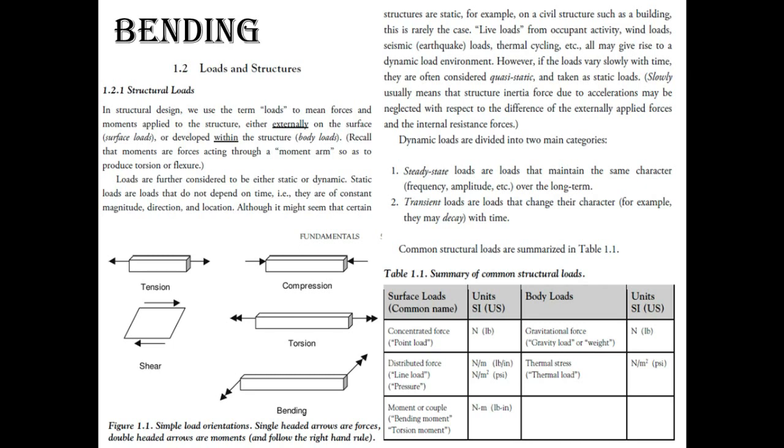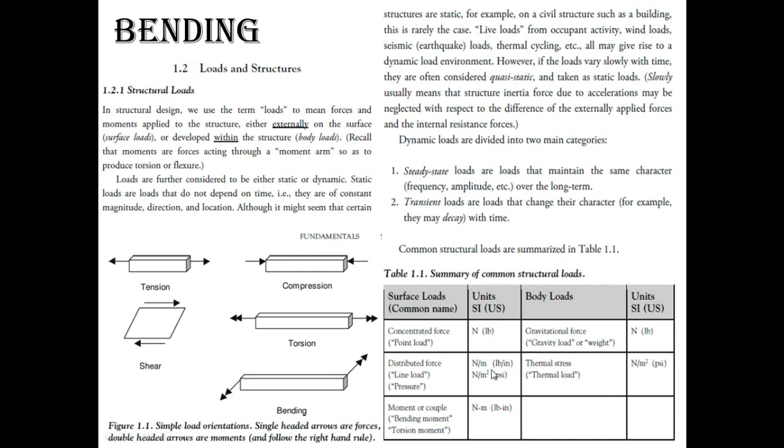They can be categorized as a concentrated force, the point load, and the unit of the force is Newton or pounds. And I can have a distributed force. By distributed force, what comes to your mind? Newton per meter, or pounds per inch.